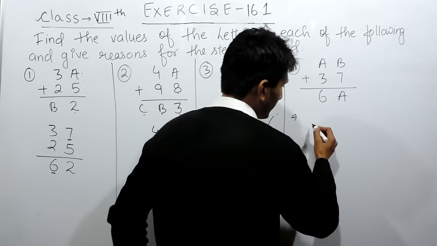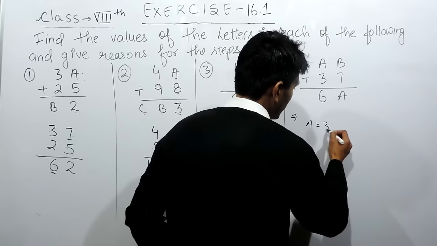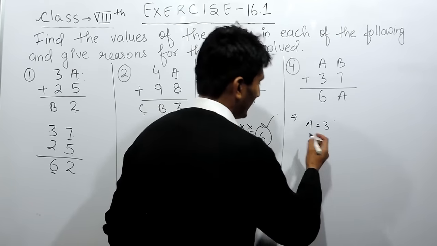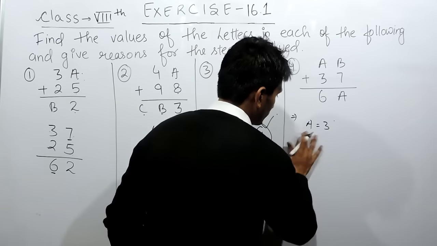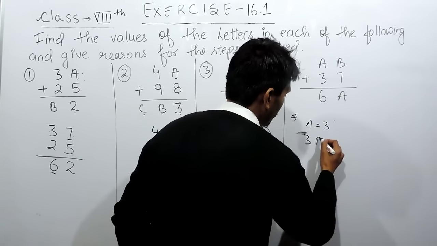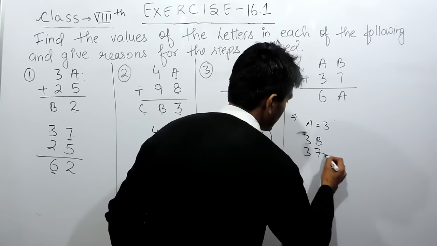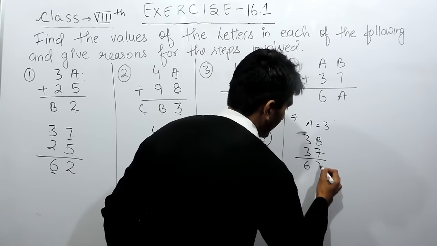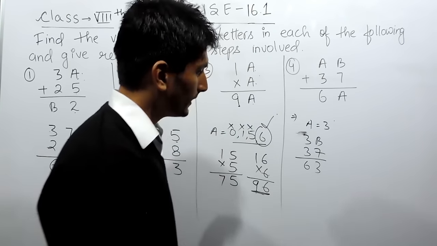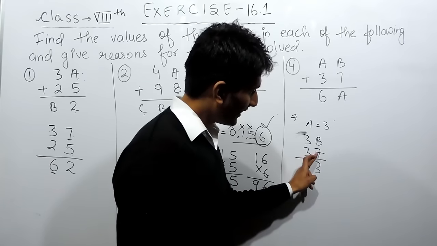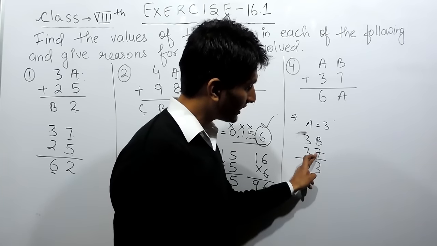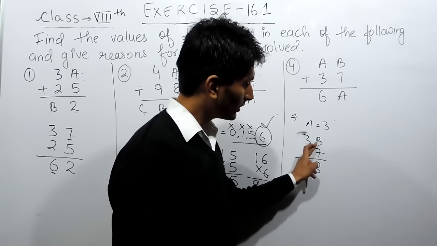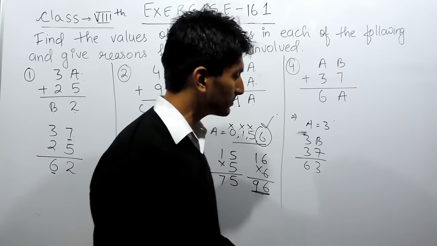So the first value of a here must be 3. In that case, this will become 3, b, 3, 7 and 6, and here the value of a is 3. But in this case, if I have to add something to 7 and the result is 3, the value of b here must be 6.